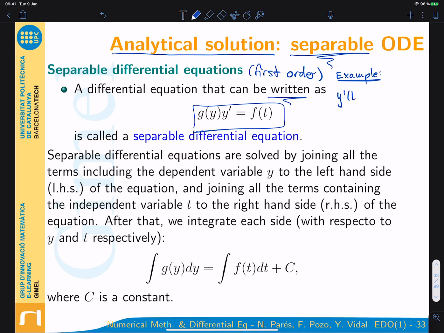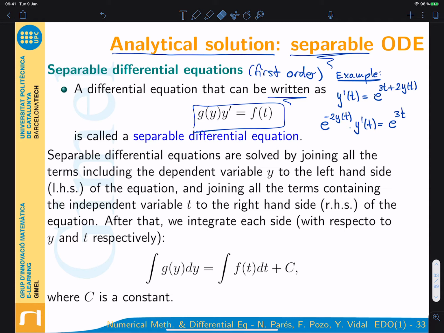An example to clarify this definition could be the following one. Let's say I have a first order ODE, which is y prime of t equals the exponential of 3t plus 2y. This is a first order ODE, and we will see it is separable because I'm able to rewrite it in the following way. I can multiply by the exponential of minus 2y of t, and what I will get in the right hand side is just this term, because when multiplying by minus 2 times y of t, this term will disappear.